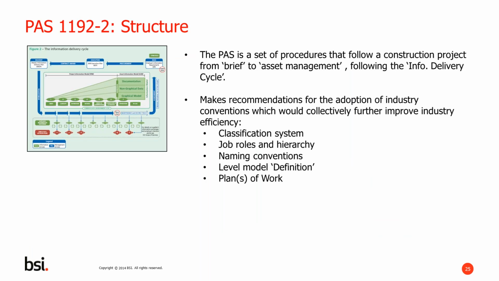The PAS is a set of procedures that follow a construction project across the information delivery lifecycle, which is established within the document. It makes recommendations for the adoption of industry conventions, which would basically allow people to collectively further improve industry efficiency. So some of those recommendations include classification systems, job roles and hierarchy, naming conventions, a level model definition, and plans of work.